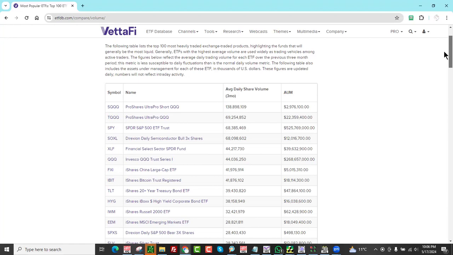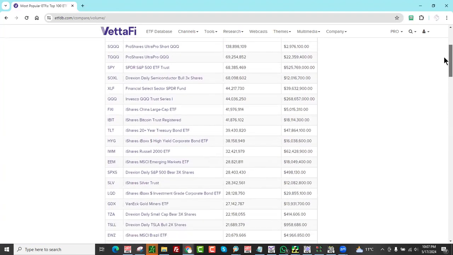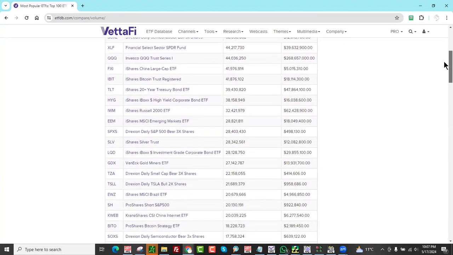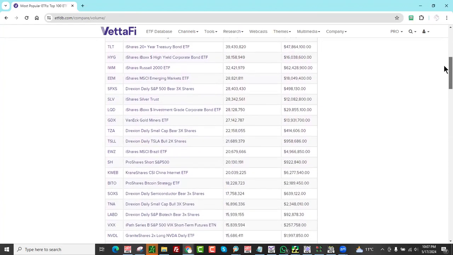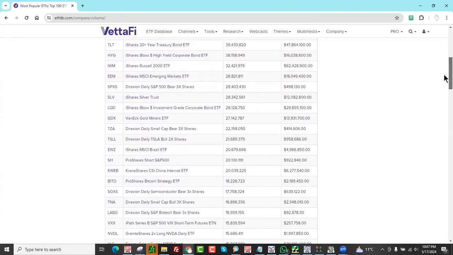SPY, of course, we know that's very, very popular, 68 million shares traded each day. And as you go on down the list here, we've got triple Qs down here itself. There's a whole different section of families within here. You've got iShares, of course, Direxion is in here. VanEck, you've got a few of VanEck ones. Of course, ProShares we already said.